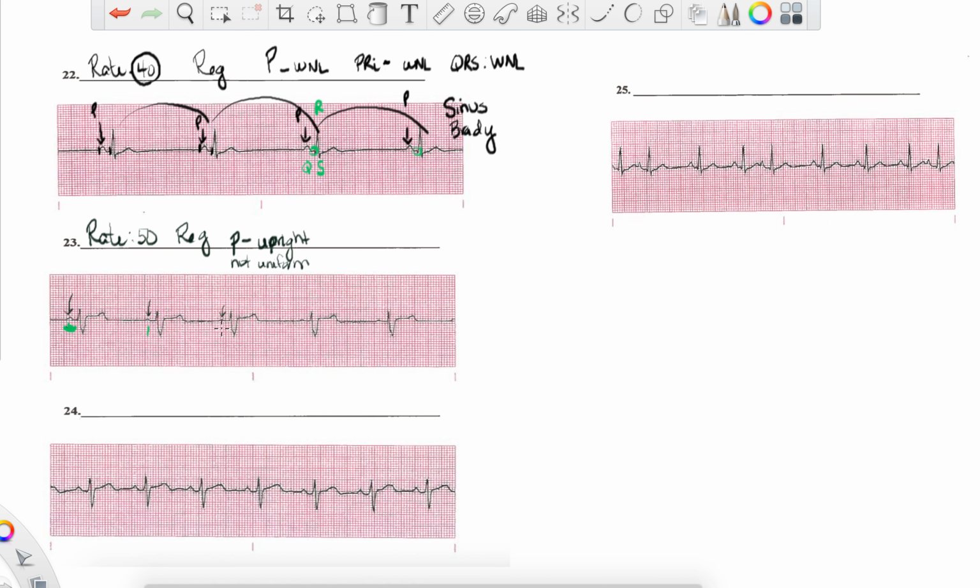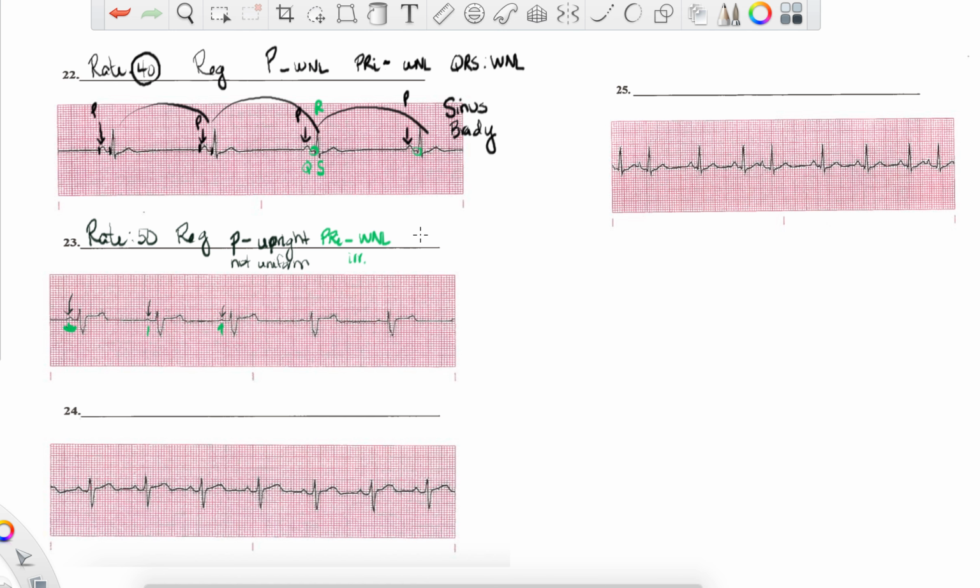And this one doesn't look like the other two. All right. This one resembles the one before it, but not exactly. So basically the PR interval, you'd have to measure it, but it looks to be within normal limits, but irregular.